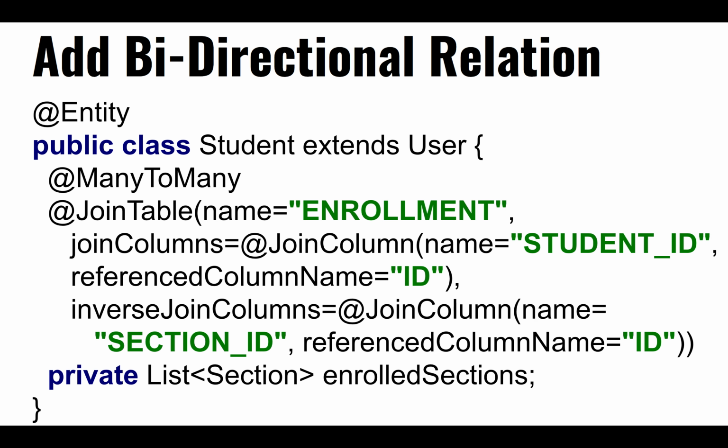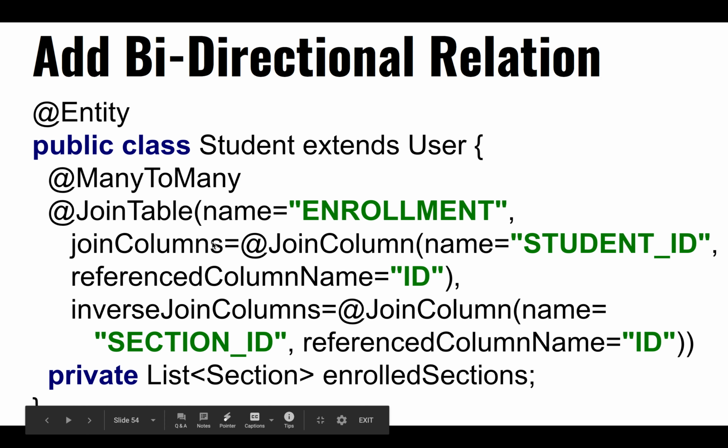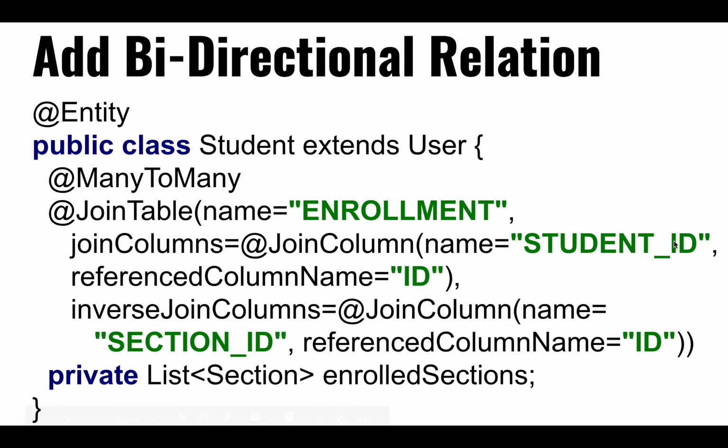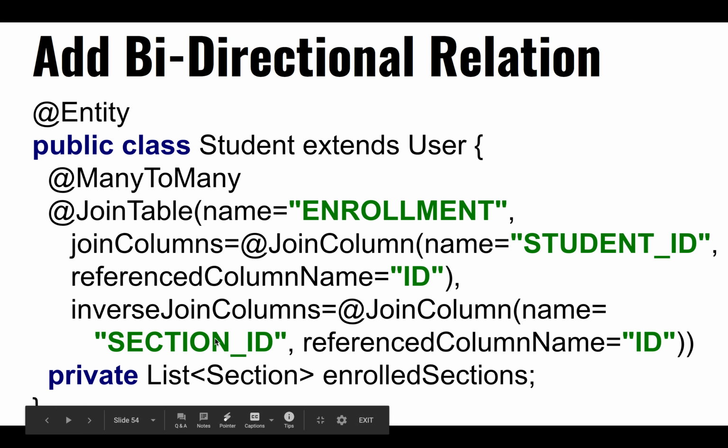So in this case, there are going to be two join columns. One of the join columns is going to be called student ID, so it's going to point to the student, to the field ID, and the inverse relationship is that it's going to point to the section ID. So you have the two foreign keys. Here's where you declare the two foreign keys: section ID and student ID.